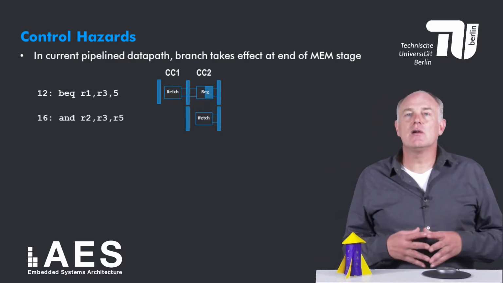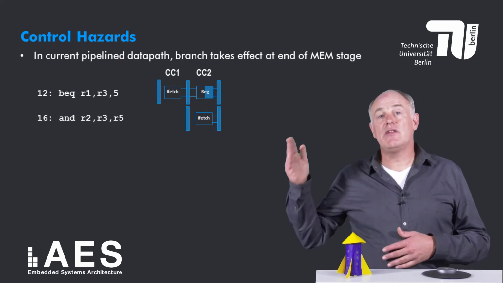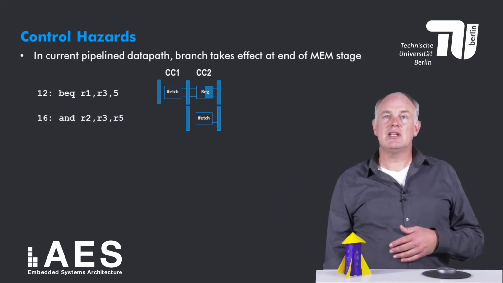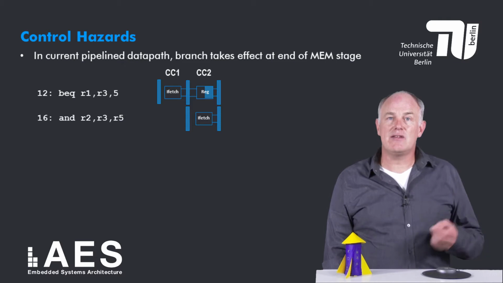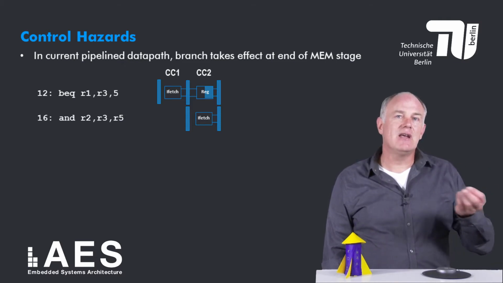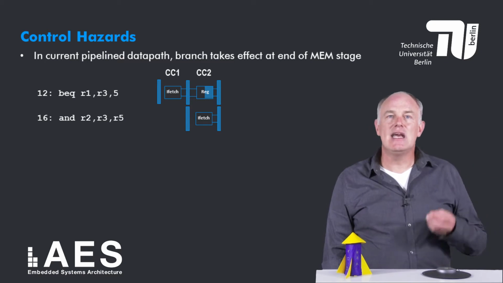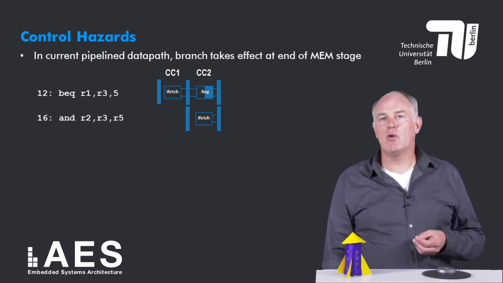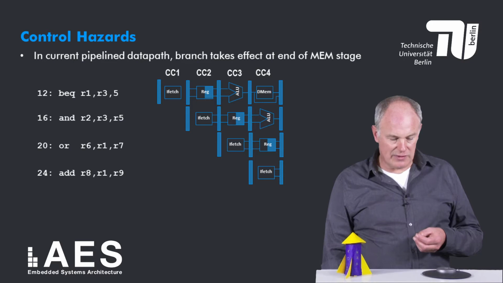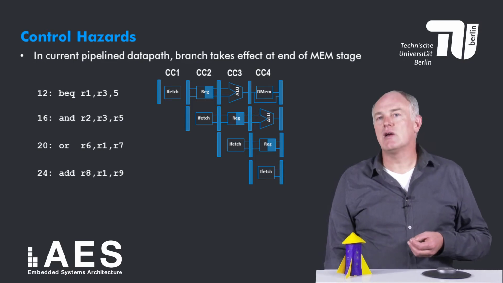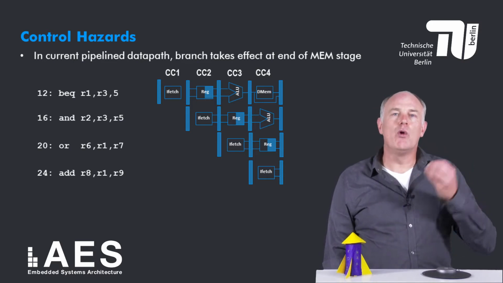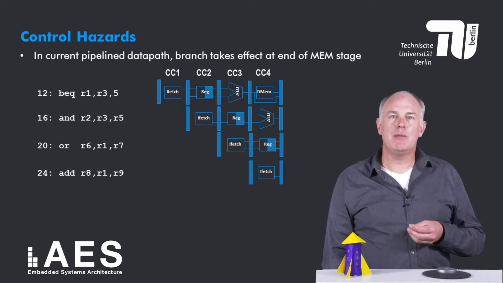In the next cycle, the branch is decoded, and at the same time, the next instruction at address 16 is fetched. If the branch is taken, which is not known at that time, the instruction at address 16 is not the next instruction in program order. This continues until clock cycle 4, at which time 2 more instructions have entered the pipeline.